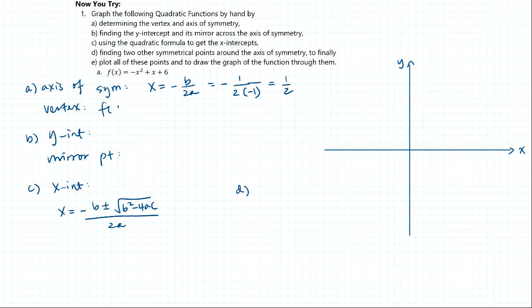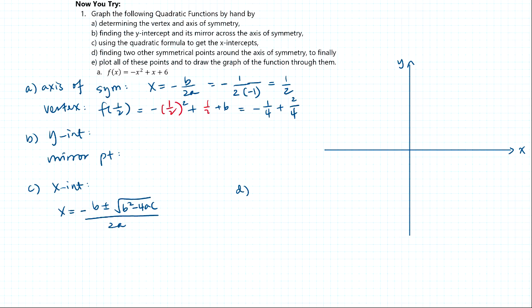So to find the y-coordinate, we're looking for f of 1/2, which would be negative of 1/2 squared plus 1/2 plus 6. And if we calculate it, we get negative 1 over 4 plus 1 over 2. If you want, you can convert 1 over 2 to have a common denominator of 4, which would be 2 over 4.